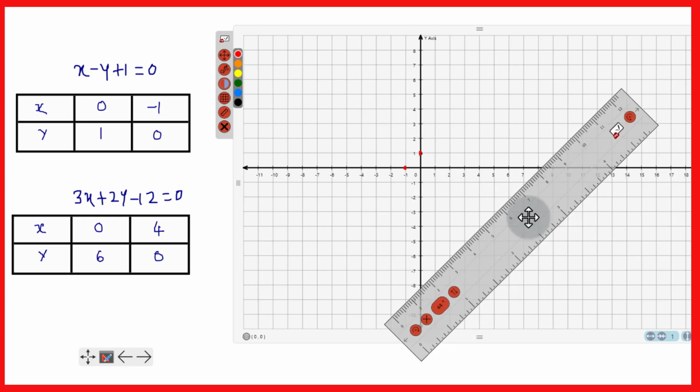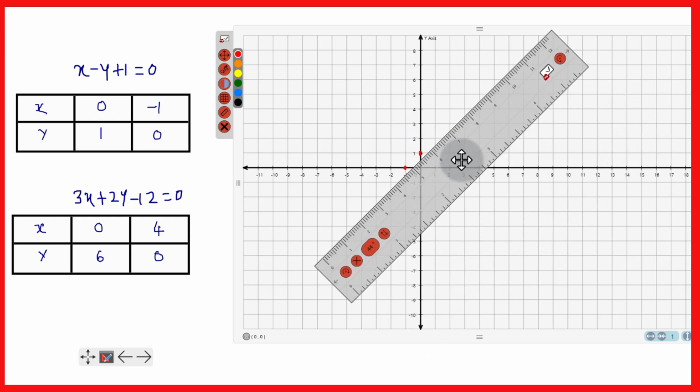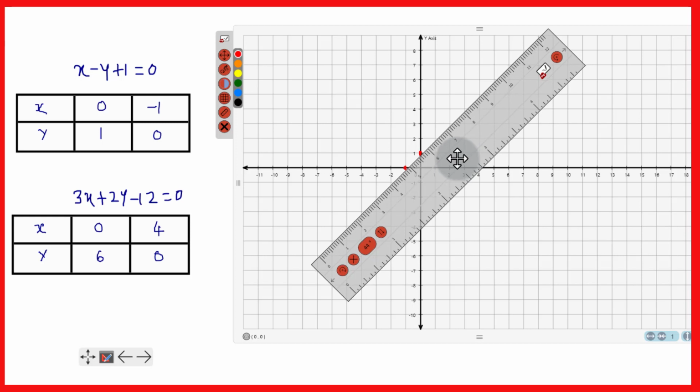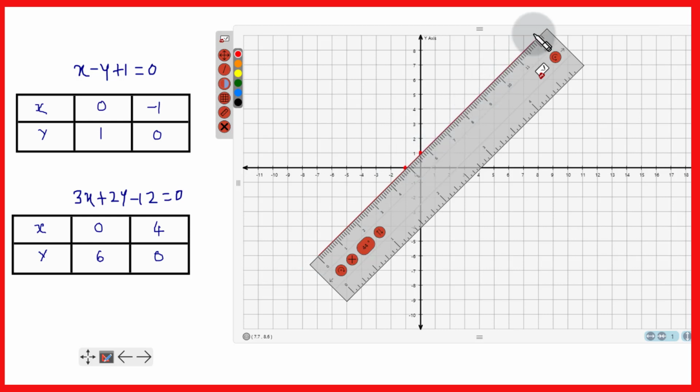Now you have got both the points. Now take the scale and draw a line passing through these points. So I will draw a line passing through these 2 points.